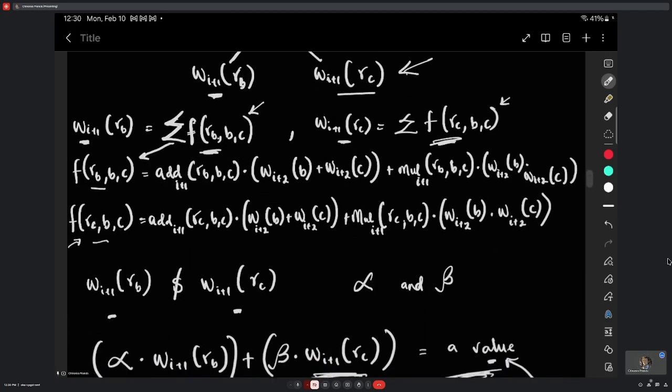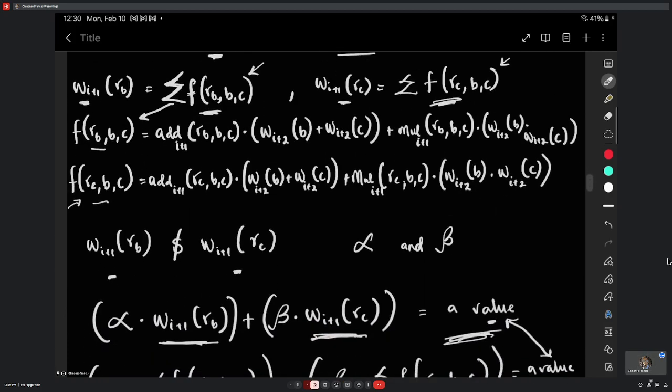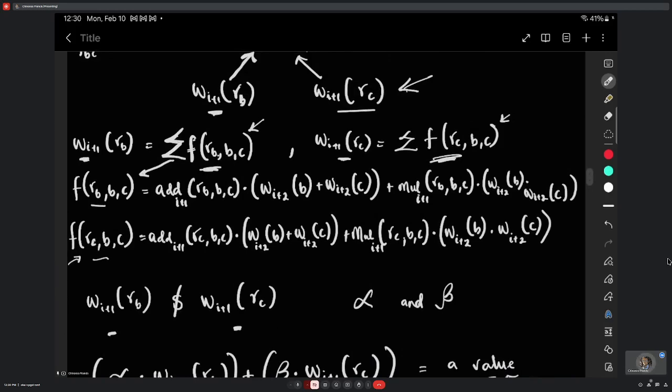So this wi plus 1 of RB and RC, if we want to relate it to wi plus 2, we need to relate it to the sum check equation, which is this f of RBBC and f of RCBC.